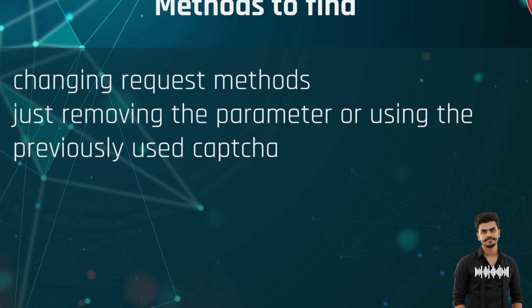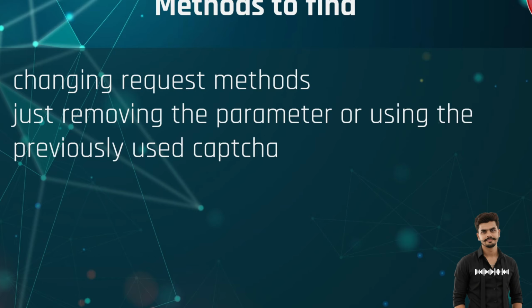So let's see how to find CAPTCHA bypass. Changing request methods, just removing the parameter or using the previously used CAPTCHA. Okay, this is a second method. I'll just explain. Mainly while submitting the report of CAPTCHA, when you click on I'm not a robot, there it will send one request in order to verify.